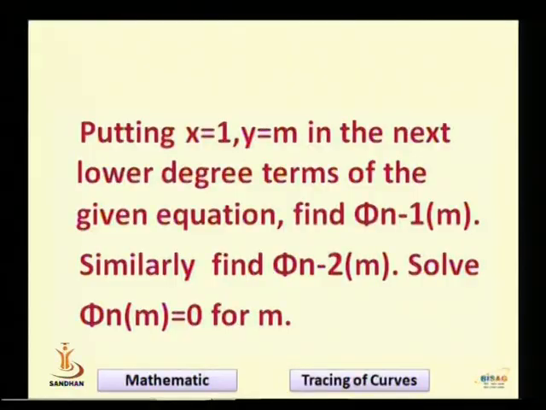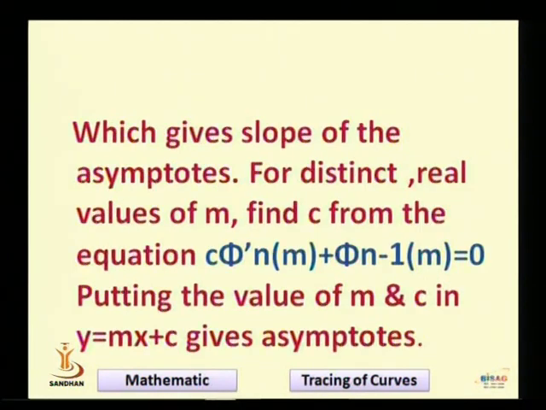Having found the slope, again put x equal to 1 and y equal to m in the next lower degree terms of the given equation and find phi n minus 1 of m, and similarly phi n minus 2 of m. Solving the equation phi n of m equal to 0 gives the slopes.